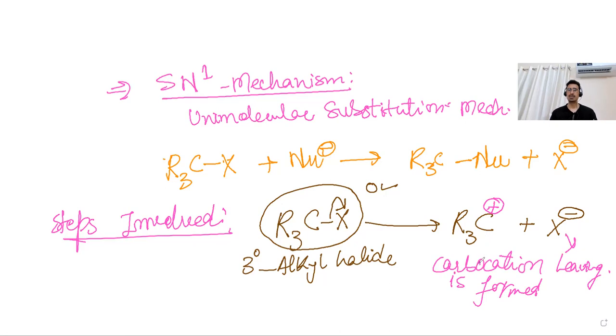Now, as this carbocation gets formed, it becomes easy for the nucleophile to attack this carbocation. The reaction was like this, R3CX, and it gives us R3C positive plus X minus.